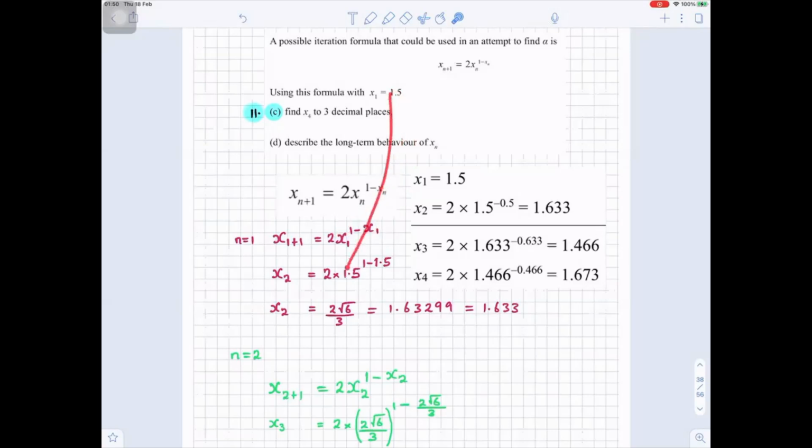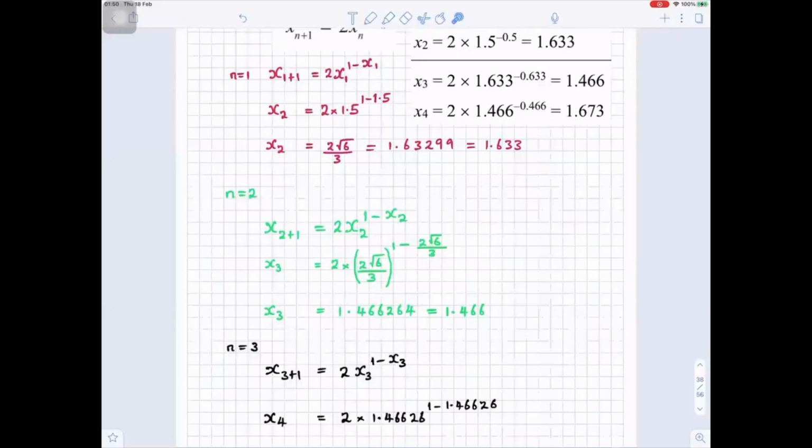So that'll give us 2 times 1.5 to the power 1 minus 1.5, and you get the first one as 1.633.